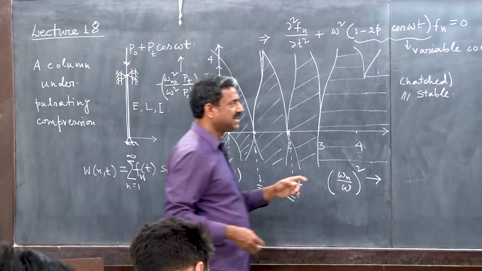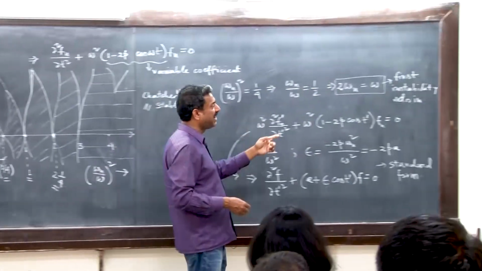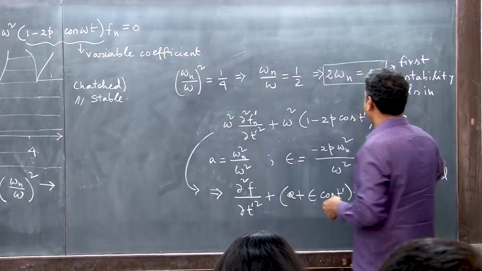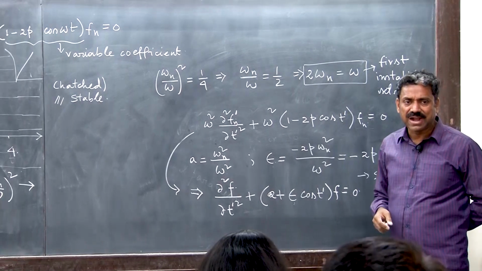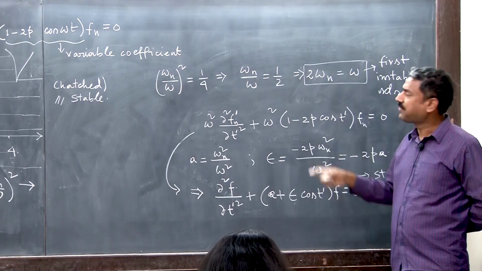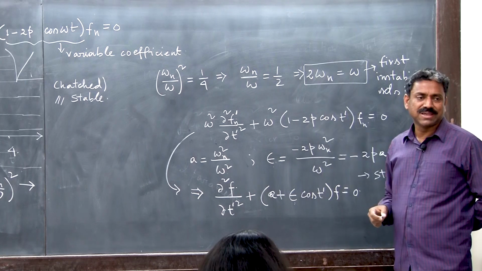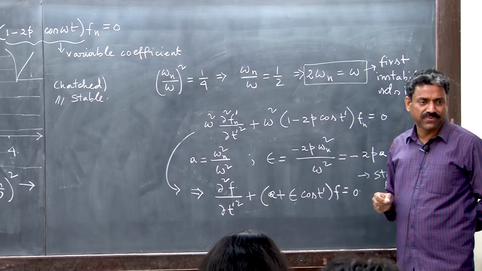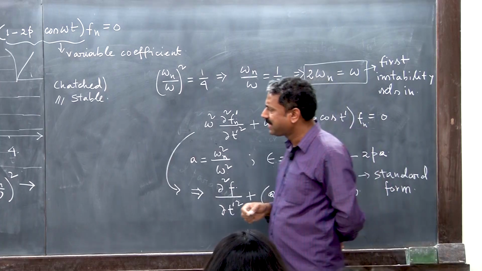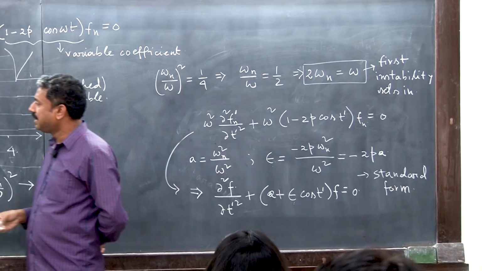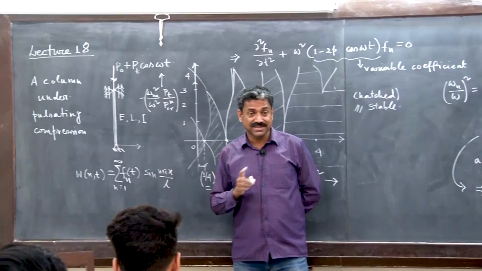So that condition occurs when the frequency of the pulsating loading is twice the natural frequency of lateral vibration, and this natural frequency is under the influence of the static axial force.